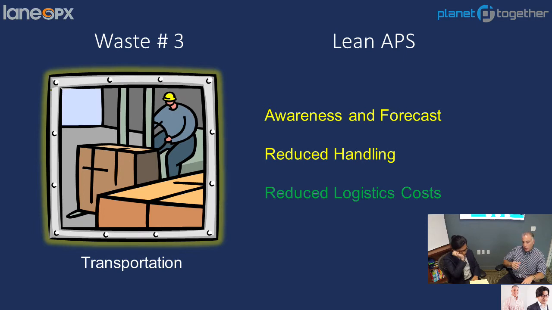One of the common pain points across manufacturers worldwide is expedited shipping. Sometimes we have to pay expedited shipping with suppliers, and we might be paying expedited shipping to ship to our customers. So can you share how improved scheduling can help reduce the hiccups in transportation and transportation costs?